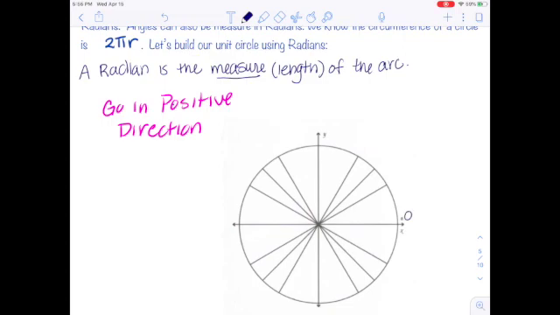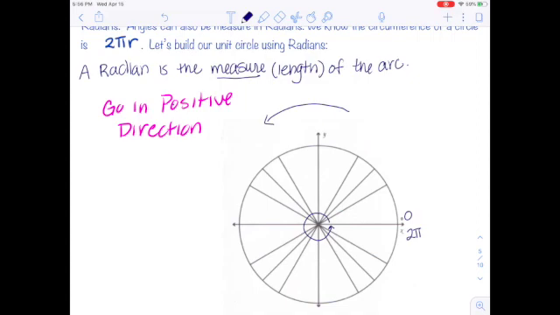So we have 0 radians, and remember, going in a positive direction, we're counting counterclockwise, all the way around your unit circle. If your radius is 1, that would be 2 pi. So we can do what we did with degrees, but now in radians.